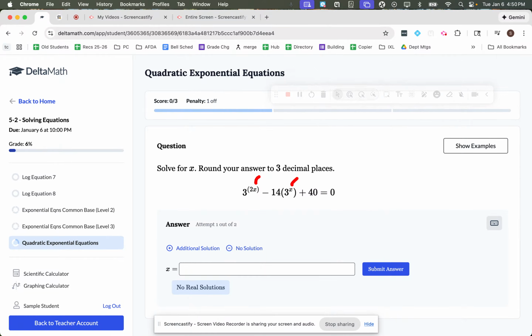These are called quadratic exponential equations. And so the form is that the exponent x is twice the size here and just a plain x here and missing here.